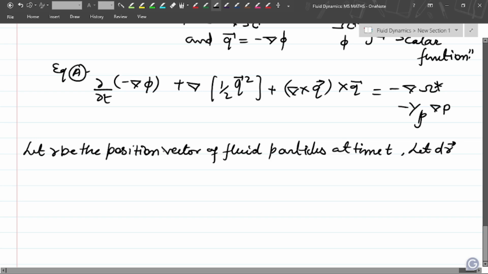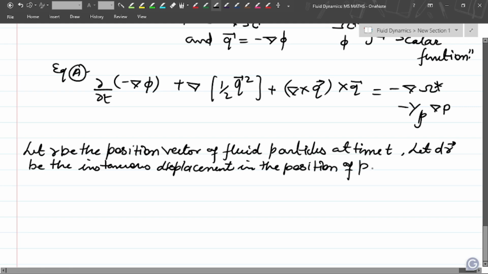Let dr vector be the instantaneous displacement in the position of the particle at this instant of time t.